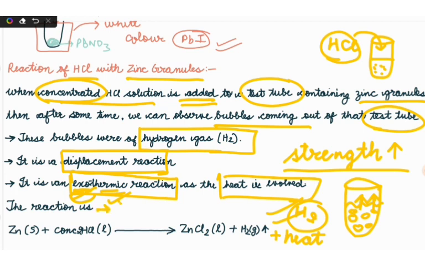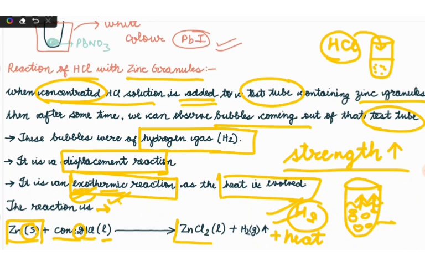So the reaction is: here we have taken zinc, and this (s) shows that it is in the solid form. Here we have added concentrated hydrochloric acid. Why we have added this 2, we are going to study when we balance these reactions in the later part of this video. This is in liquid form. Now when we mix both, we get one product, that solution.